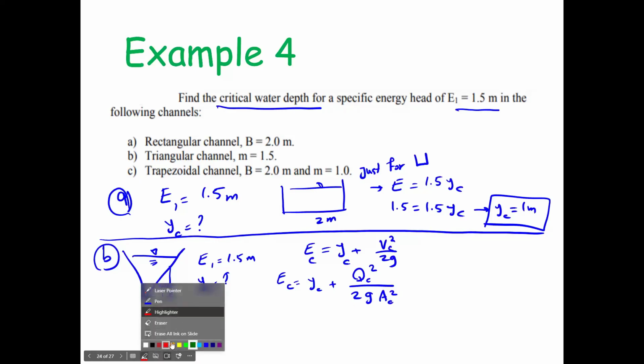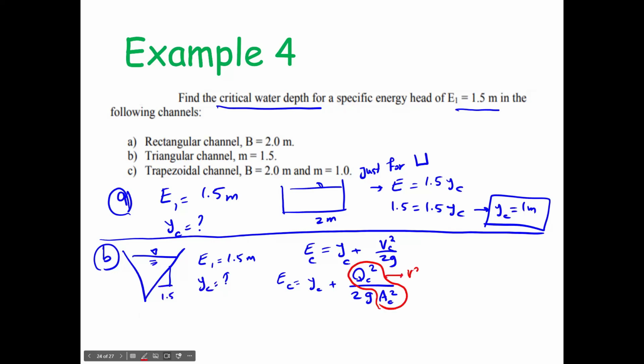Can I solve this? No, I don't have discharge. So I need to do some magic here. It says that it's critical.